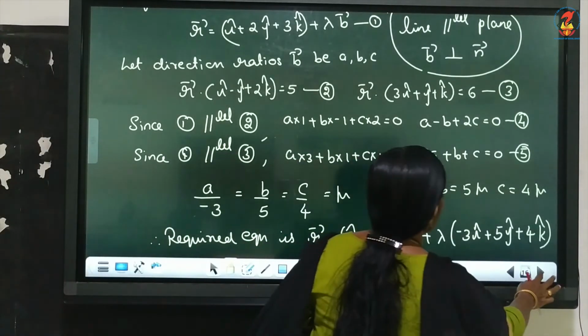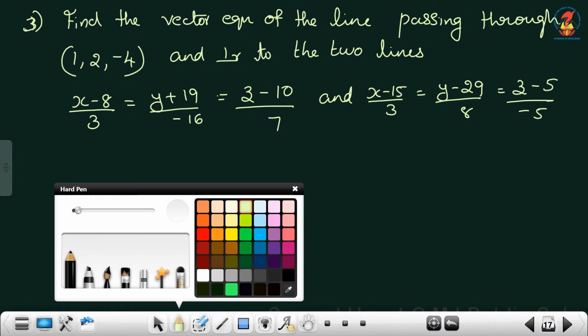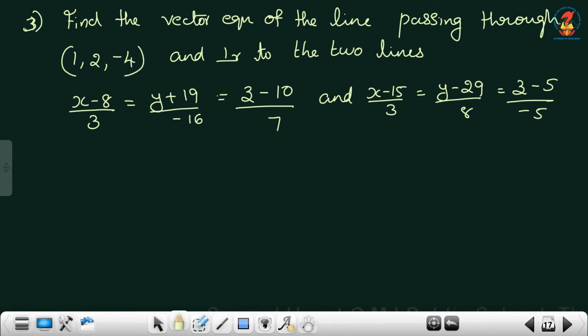Okay. Third one. Find the vector equation of the line passing through a point and perpendicular to two lines. So first we write the required equation of the line.